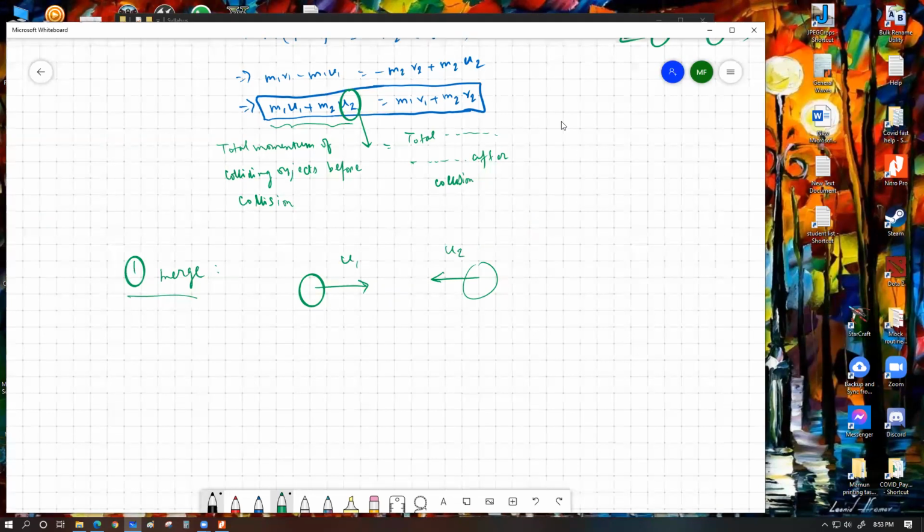So let's say we have two objects approaching each other from opposite directions, and after the collision they get stuck with each other. So they actually become one. They merge with each other. Let's say this object has mass m1, this object has mass m2.